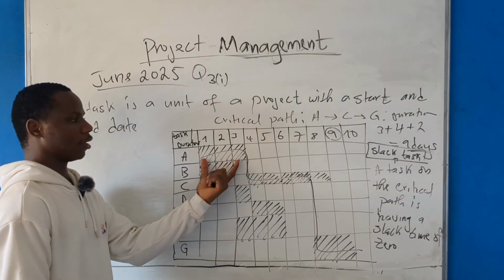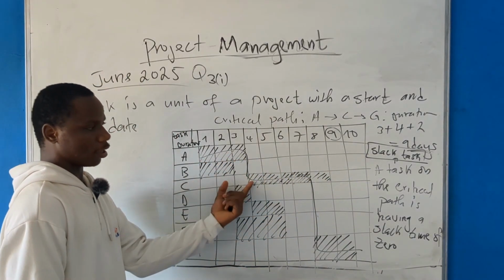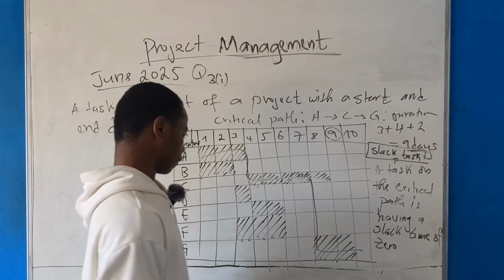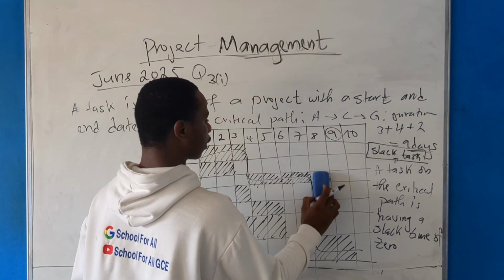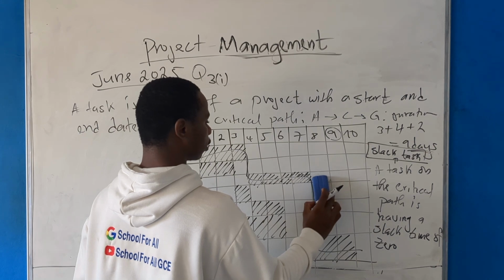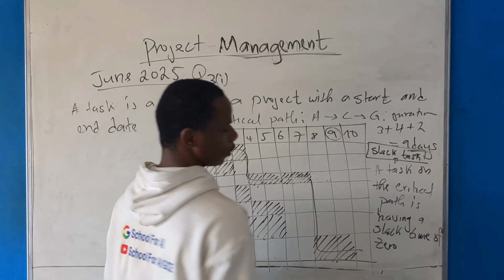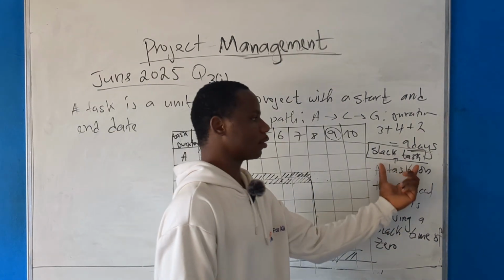The same thing for A. If you just delay A for 1 day, it's affecting C and it's affecting what? Affecting G. So take note of this one. That is why we say on the critical path, none of the tasks can have a slack time, meaning that they are not slack tasks. Good.